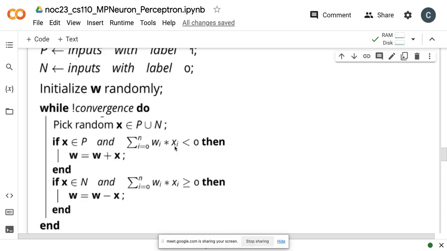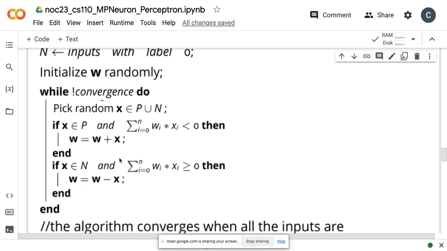Now what you've seen is that if the input x should belong to the positive class, but its actual value, computed using the mathematical model of the dot product of the weight vector and the input vector, is less than 0, you're going to update the weight. And if the point belongs to the negative class, but the dot product of the weight vector and the input vector is greater than 0, then you're going to reduce the weights, right?